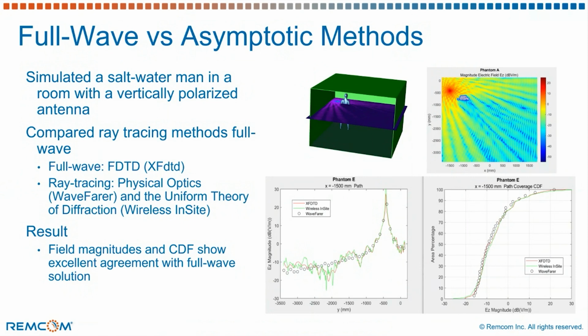In some cases, any of these methods, if not all the methods, could be appropriately used, especially at 2.4 gigahertz, where you have the presence of a human body in a simplified room, and really validating all of these methods against each other. As the frequency grows, the asymptotics take over, the physical optics potentially for radar, and UTD potentially for large-scale communications, and some overlap between those methods for each other's use cases.